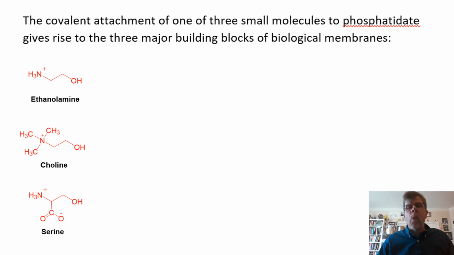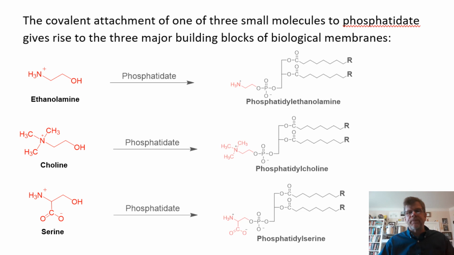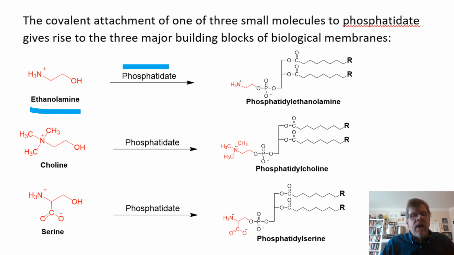And let's see where these 3 structures attach on the phosphatidate overall structure. If we covalently bind ethanolamine to phosphatidate, all of these small molecules are going to be attached through one of the negatively charged oxygens on the phosphate structure.